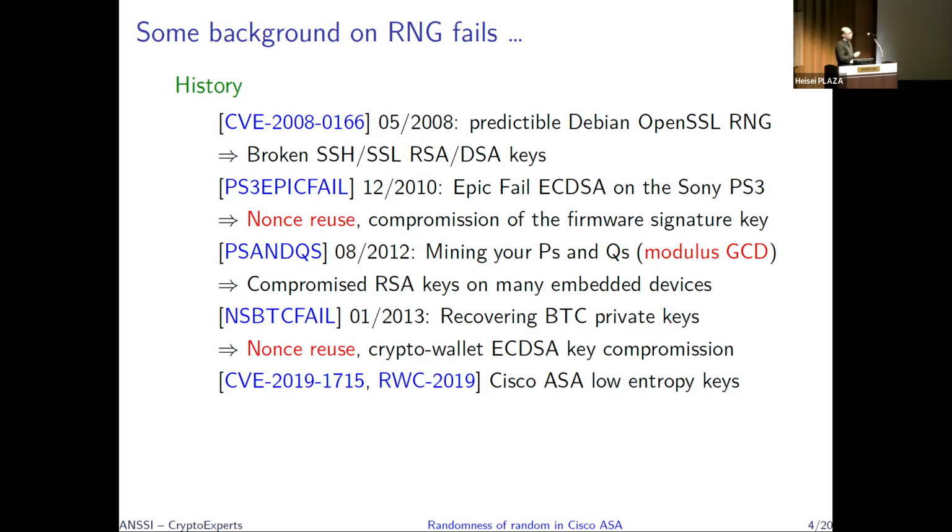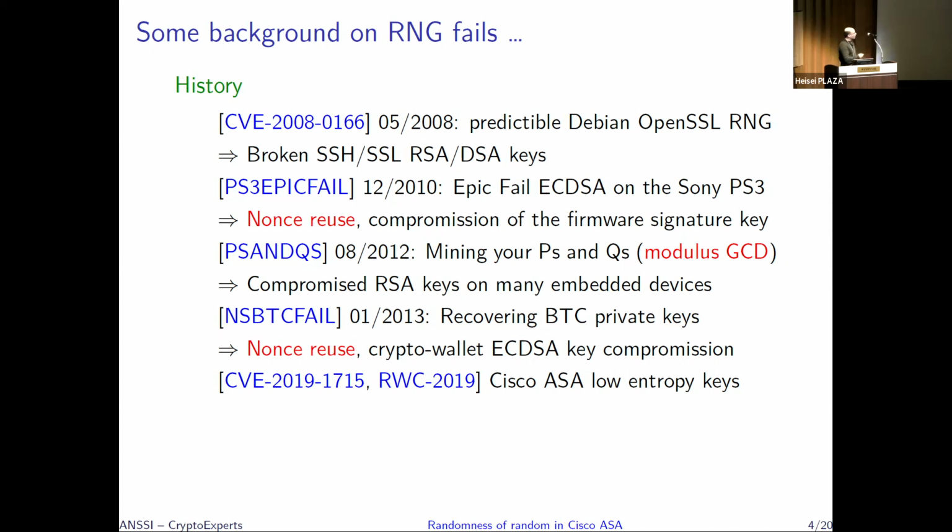No randomness at all was used back then. In 2012, regarding RSA, prime factors were generated with collisions, and this allowed some GCD attacks recovering these prime factors. These attacks did not work on our set, and we will explain why later. And finally, in 2013, we had nonce reuse attacks on crypto wallets.